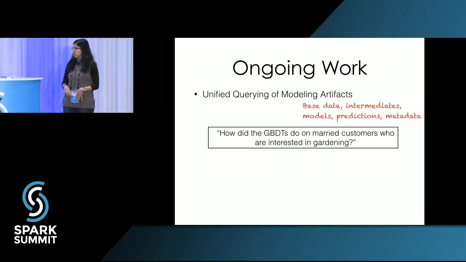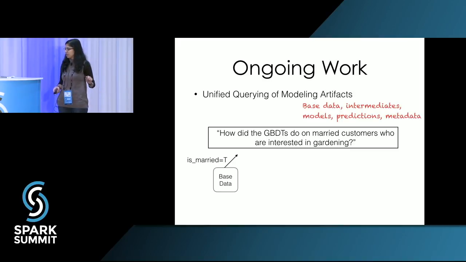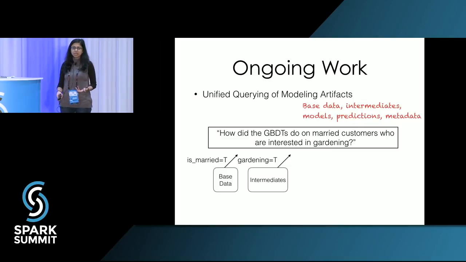How did the GBDTs do on customers who are married and are interested in gardening, right? If you were to currently run that query, you would need to maybe query a bunch of base data, because is married is an attribute in your base data. But then you don't have an existing attribute for interested in gardening. It is something that you're learning as you build the model. So ideally you want to query the intermediates that were produced.